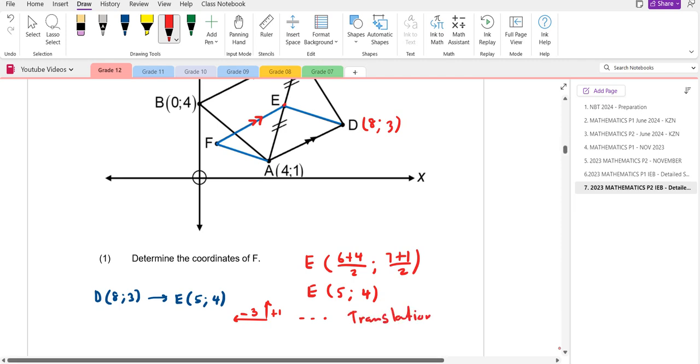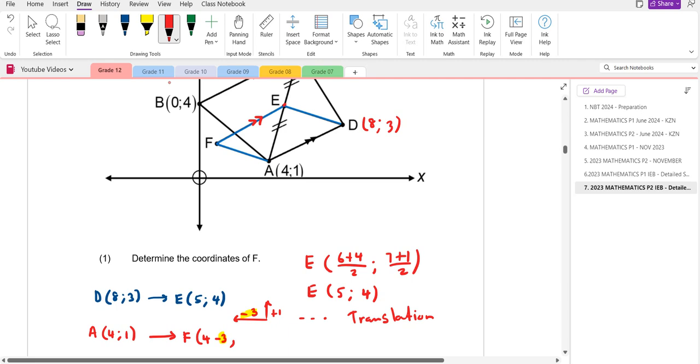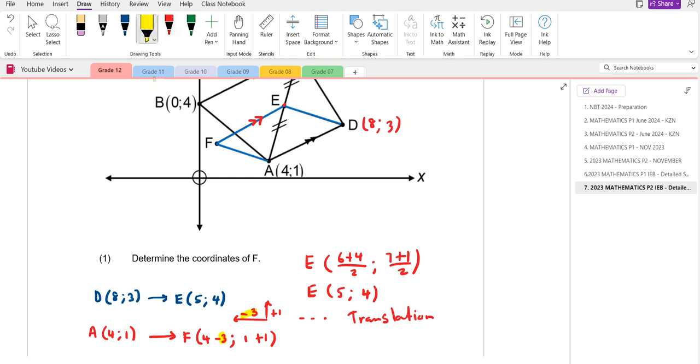So how are you going to go from 4, 1 to F? From A, which is 4, 1, we're going to go to F by using 4 minus 3, and 1 plus 1. It only works for parallelograms.